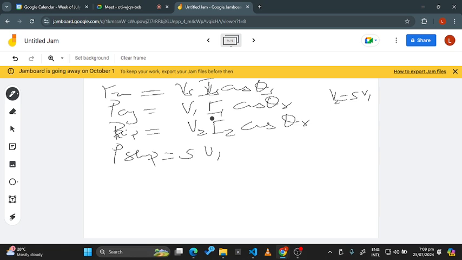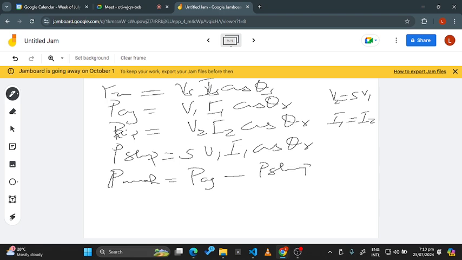Then we substitute I1, since we know I1 is equal to I2. So this will have I1, then cos theta R. Okay. And we know that the mechanical power is equal to the power which goes to the rotor minus the P slip.